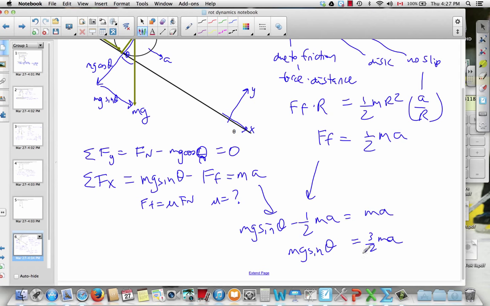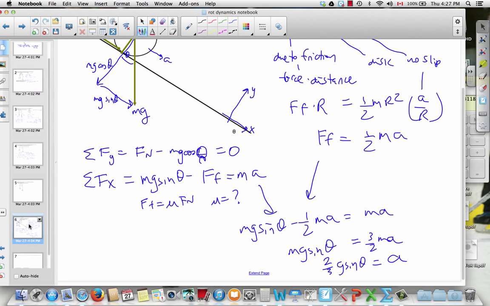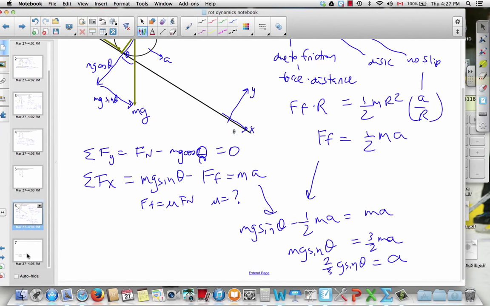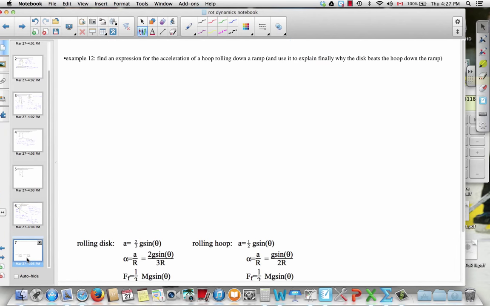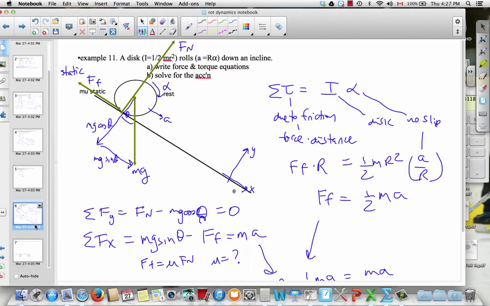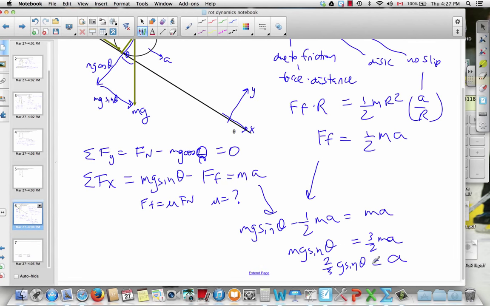Cross-multiplying the 2/3 and canceling the m, we get an acceleration for rolling down the ramp of 2/3 g sine theta. Now, if there was no friction, it would just slide down the ramp, and the acceleration would be g sine theta. So we've obviously got a little bit less acceleration because of the presence of friction.